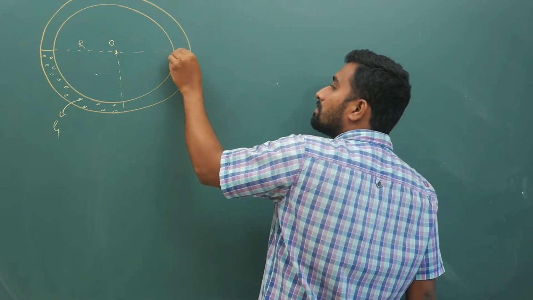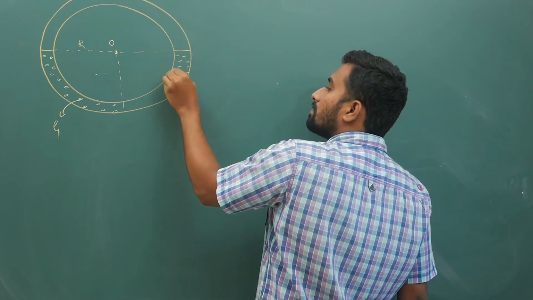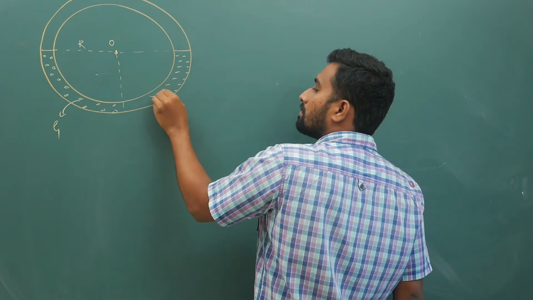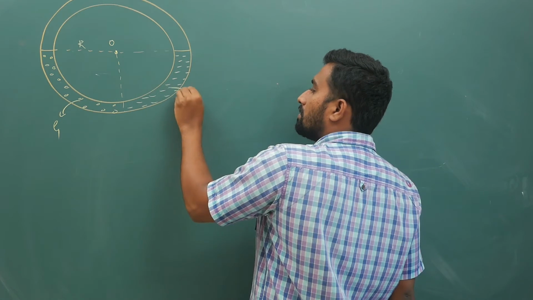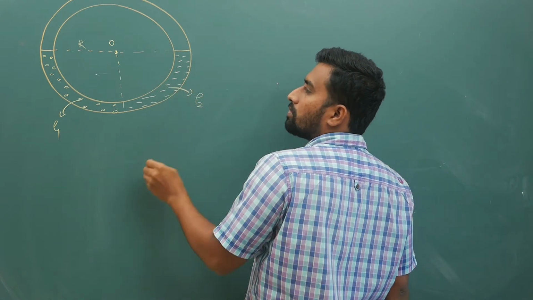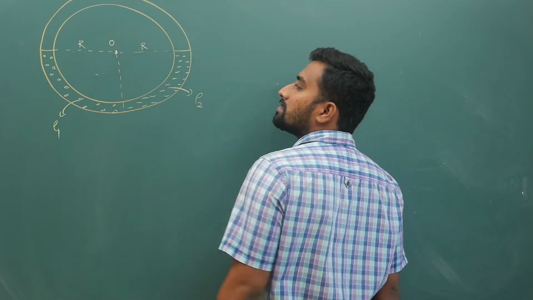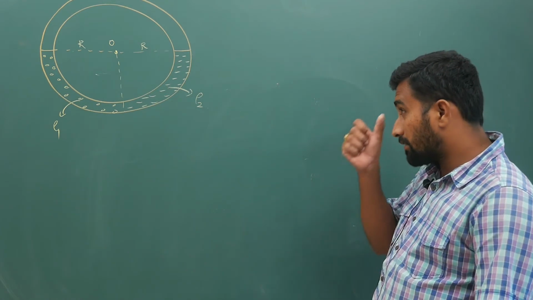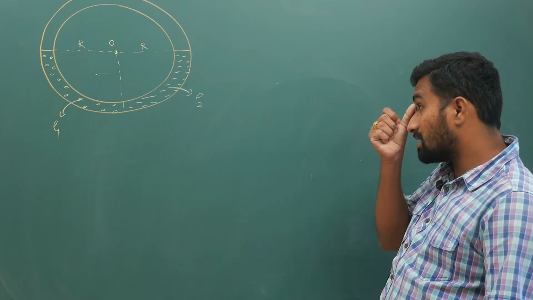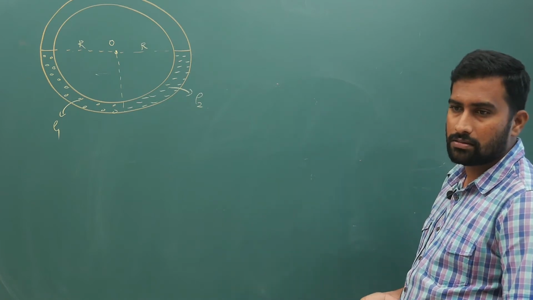This side another liquid, density ρ2, radius r. What is your question? Your system is released from this point.